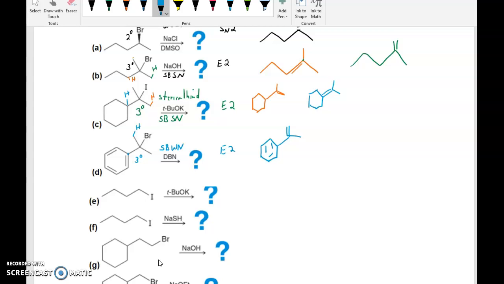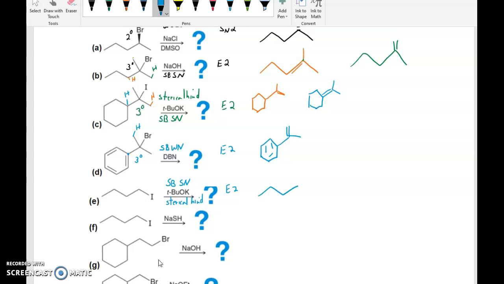Let's look at E. We have a strong base and a strong nucleophile. It's sterically hindered. So we'll expect an elimination reaction because it's sterically hindered to be our major, and it will be an E2, and we'll get 1, 2, 3, 4.